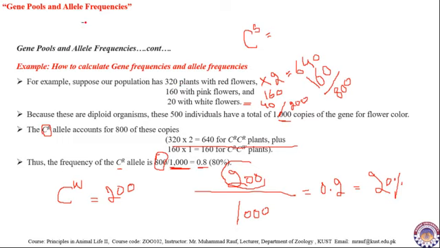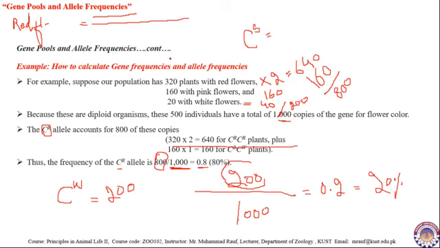Suppose we are calculating the genotype frequency for red flowers. Genotype frequency is the number of individuals of a particular genotype in a population divided by the number of individuals of all the genotypes under consideration.